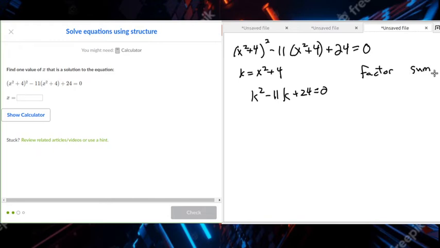If you know how to do this, you don't have to do it this way. But if you're not sure of what you're doing, then don't be shy. Don't try to do too much in your head. I always tell my students, don't try to do too much in your head. Whoops, 8.